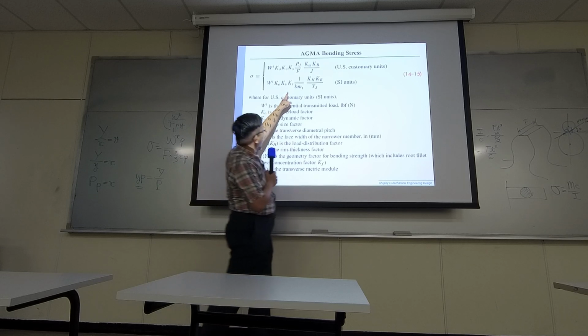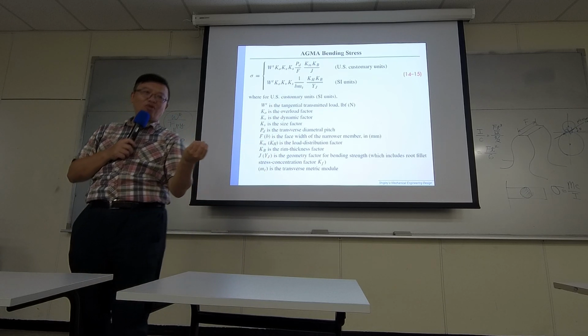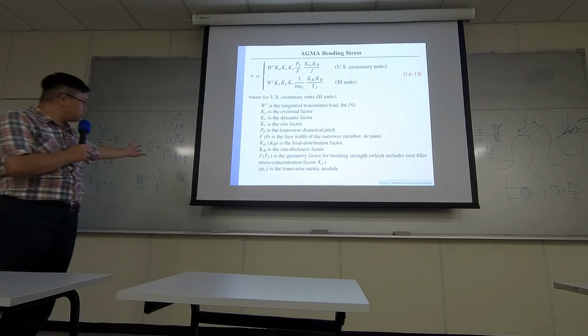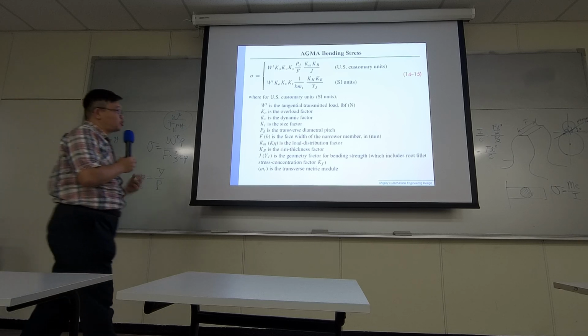KS, somewhere here. So it's about the dimension. So when you design a small gear or a large gear, even though we already use this general equation, a dimensionless approach to form this stress equation, it looks like a general one. However, in different sizes of gears, there will be changes.